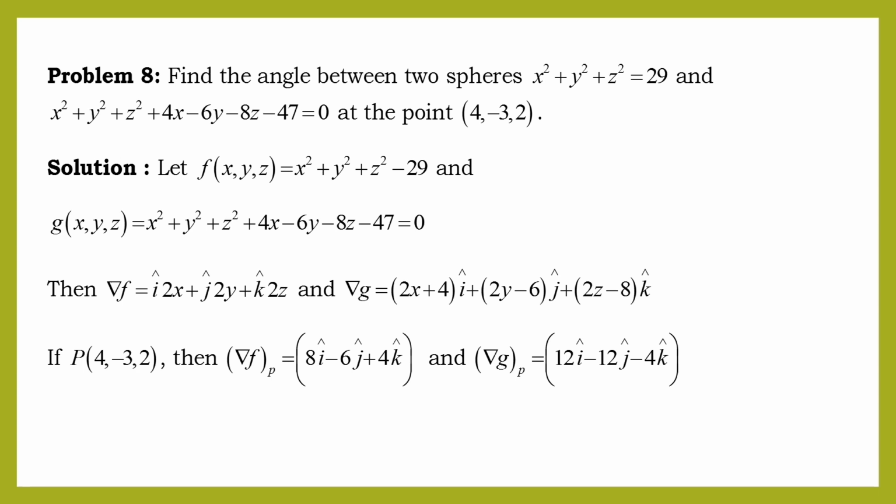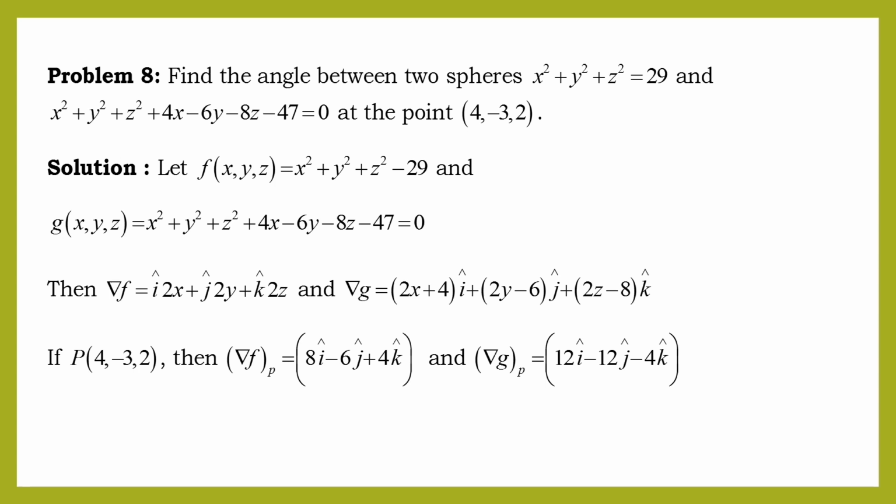Now, the gradient of this function f is given by del f equals i cap dou f by dou x plus j cap dou f by dou y plus k cap dou f by dou z. That implies del f equals 2x i cap plus 2y j cap plus 2z k cap.